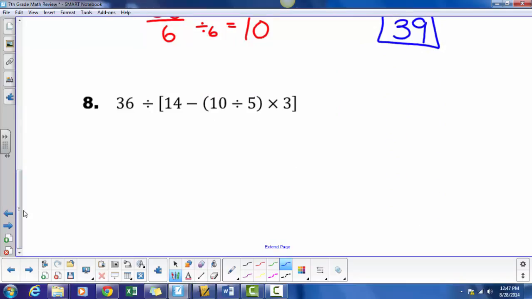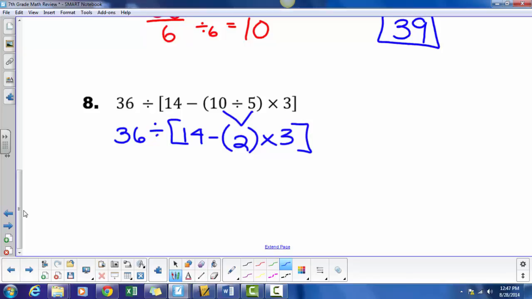All right, this is interesting. Let's see. So I have to take care of inside the parentheses first. Division. 10 divided by 5 is 2. So let's rewrite this whole problem. 36 divided by 14 minus 2 times 3. Okay, so now if I look inside my brackets, I have a subtraction and a multiplication.